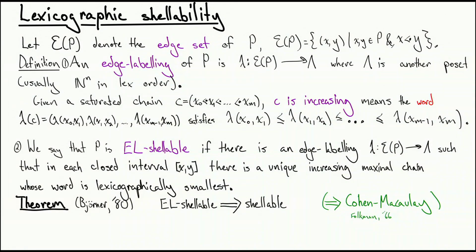And we can say that a chain is increasing if you read up the side of the chain, and we just want the labels on those chains to go in increasing order or weakly increasing order. And so this property, EL shellability, just says that there is some labeling such that in each closed interval there's a unique rising maximal chain, and also the word associated to that chain has to be lexicographically smallest.